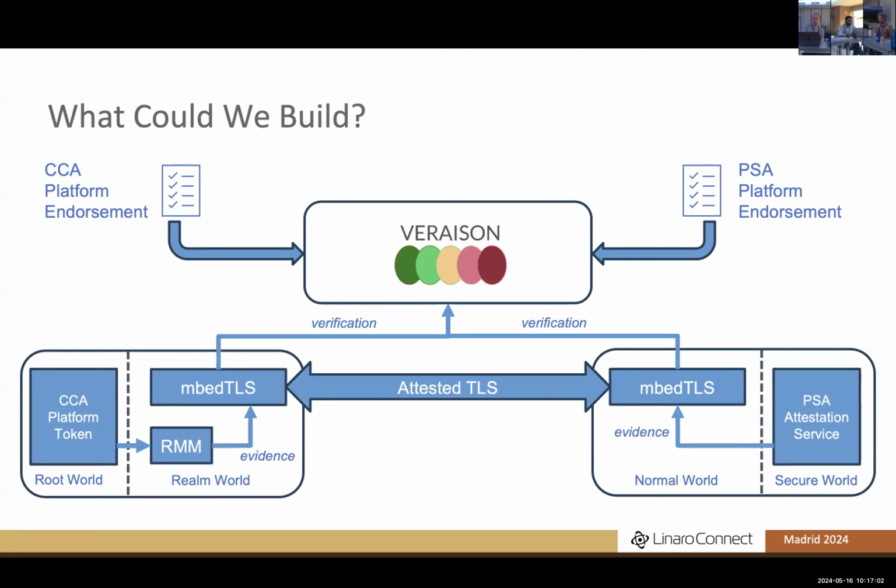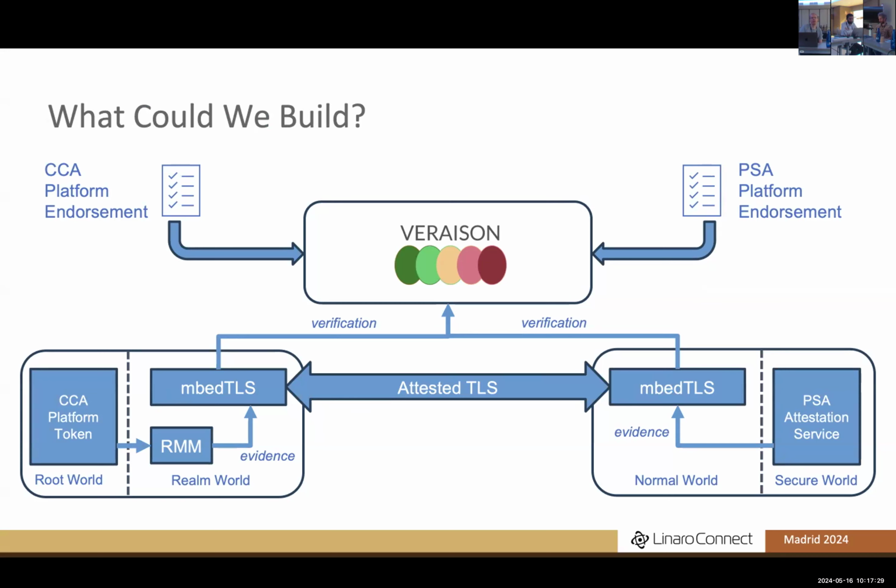So here's the what could we build piece. The idea here is that some of this is based on bits we've already done, right? In the POC, we already have the capability to do an attested TLS handshake between mbed TLS instances.